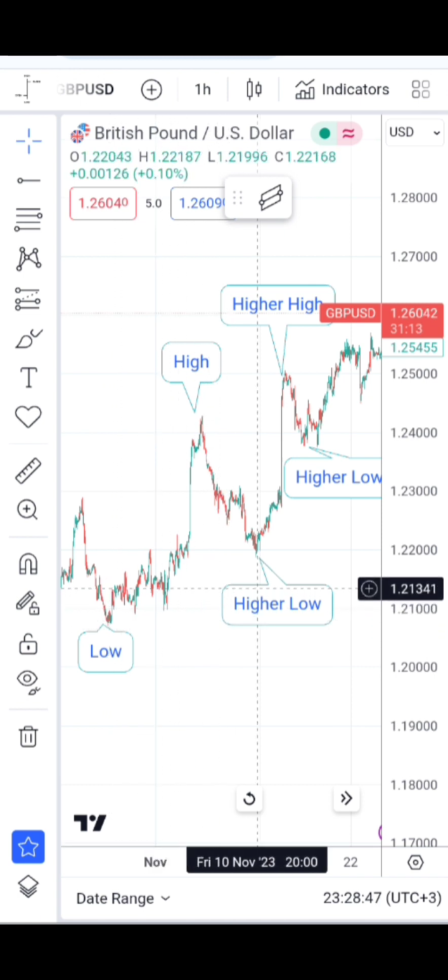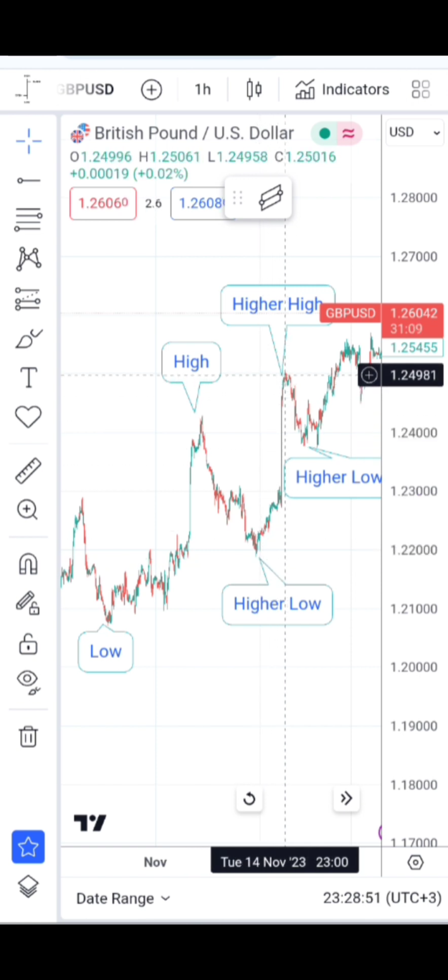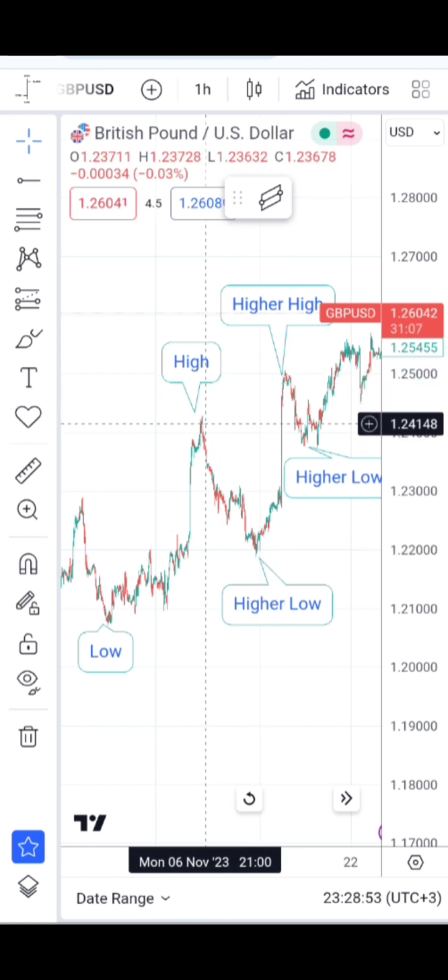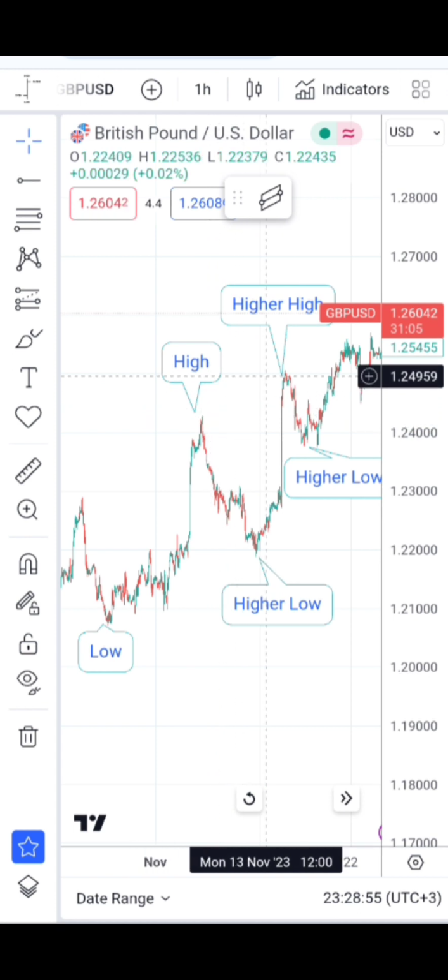So that becomes a higher low. So from this higher low, another high was formed, which is higher than the previous high, meaning it becomes a higher high at 1.2500 area.